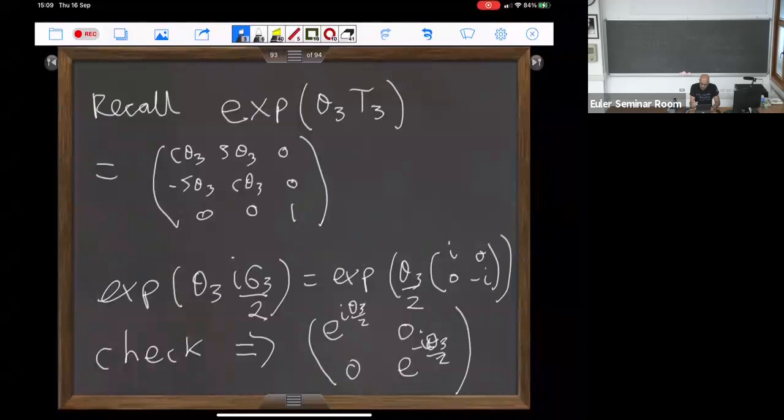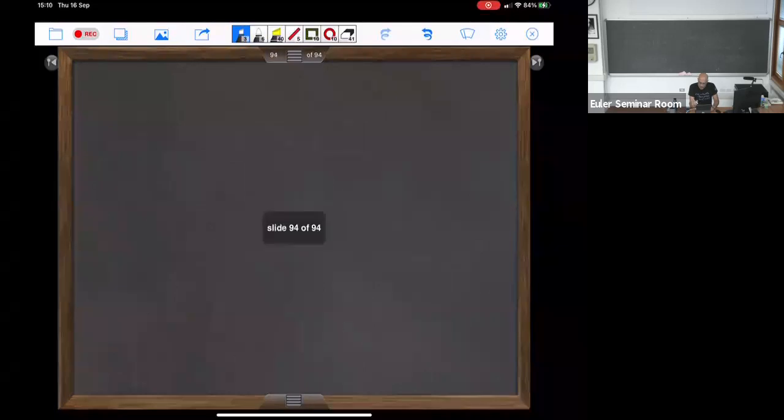Okay, why is that interesting? This thing was called R. Let's call this R3 of θ3, or in the previous notation, R of 0, 0, θ3.